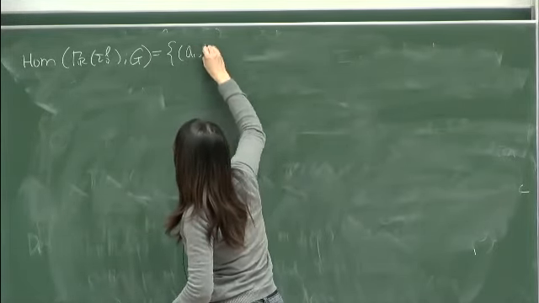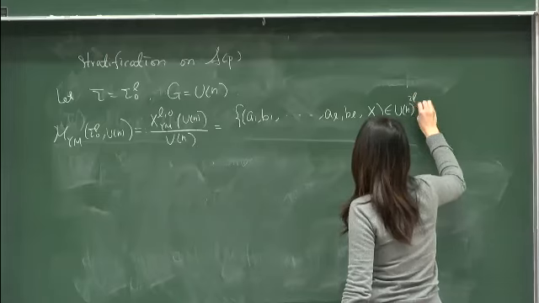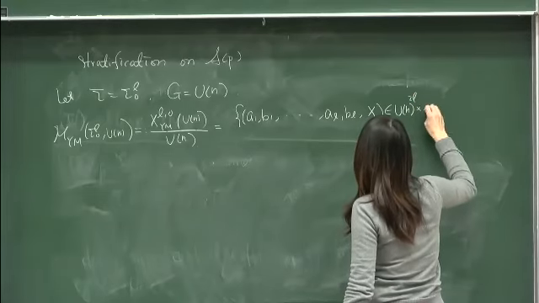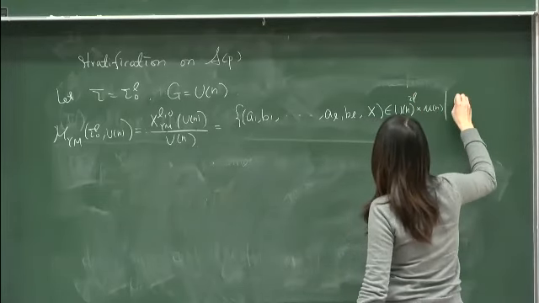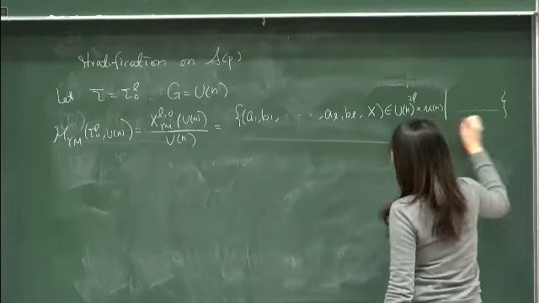I will introduce a notation X, which just means the representation varieties considering the Yang-Mills connections with respect to the U(N) group. So now your G is U(N), and the relation.